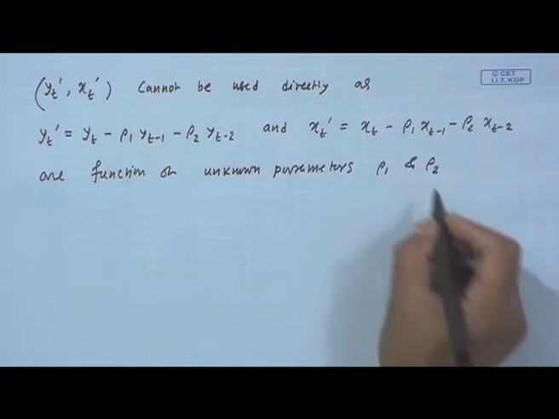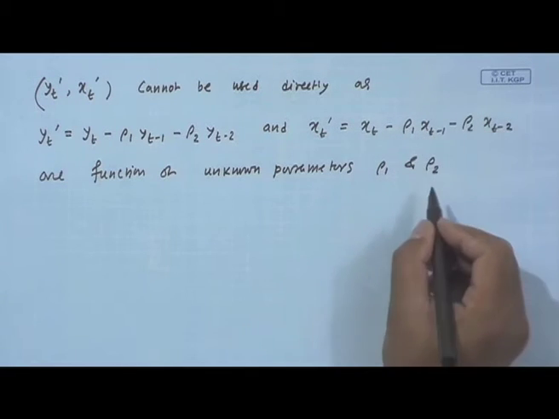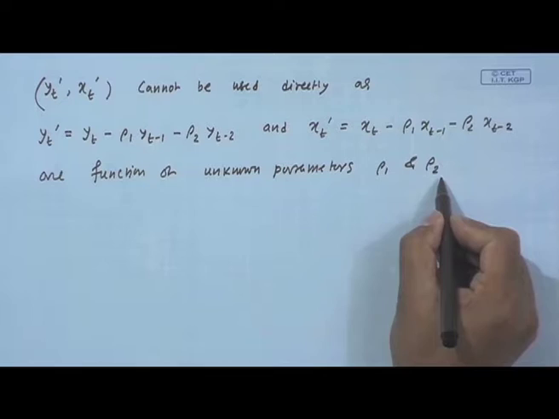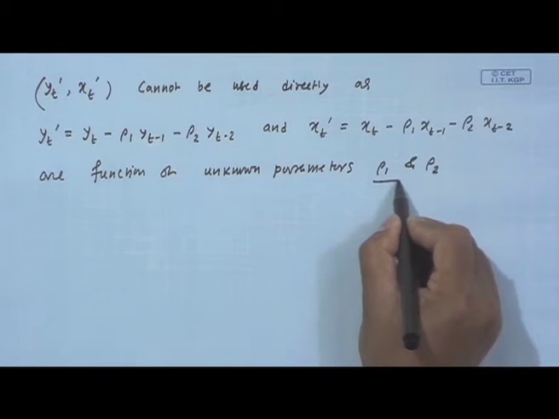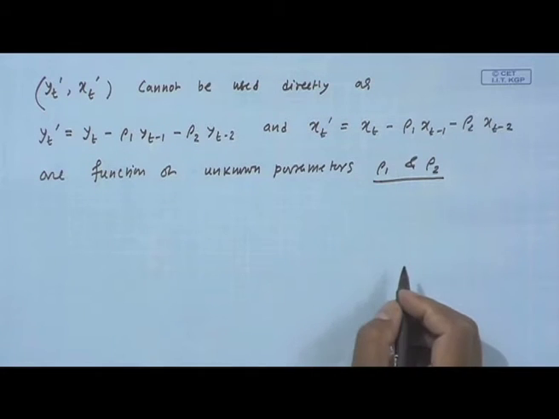So, unless you know, see, you are given the data x t and y t, you do not know rho 1 rho 2. Unless you know the value of rho 1 rho 2, how do you use this transformation, right?